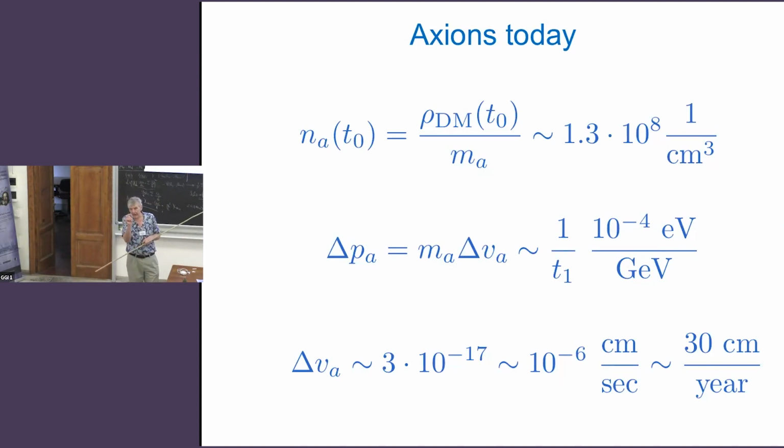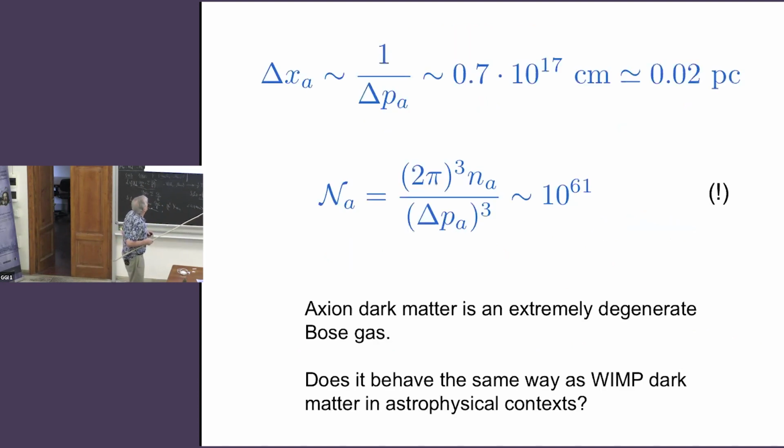But to think of one axion moving doesn't make sense, because the axions are cold. Each one has a wave packet that is spread. The spread of the wave packet, the inverse of the momentum dispersion, is of order 10 to the 17 centimeters, which is almost a fraction of order 1 of a light year.